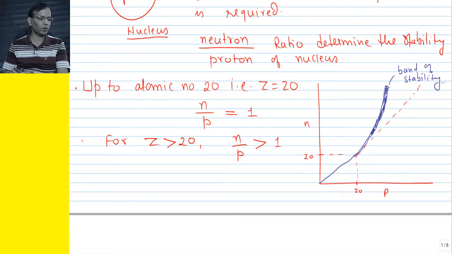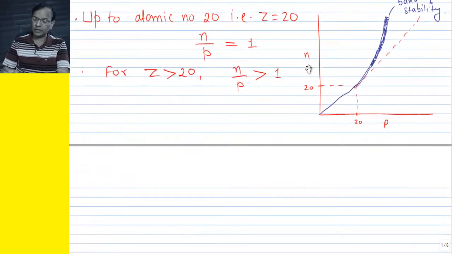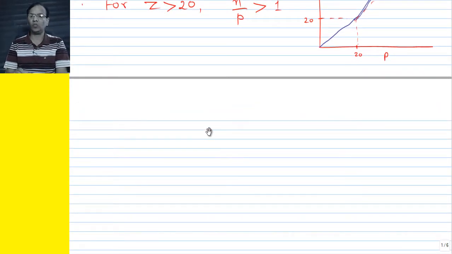So we are going to determine how the unstable nuclei, the radioactive isotopes, are going to decay. Let us take the cases one by one.